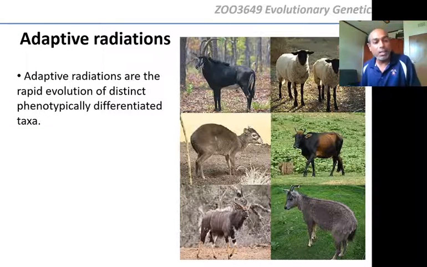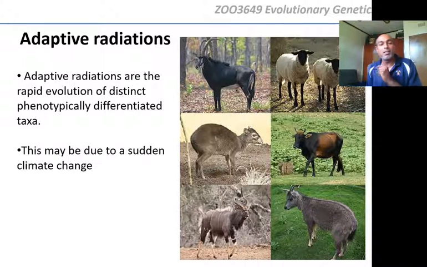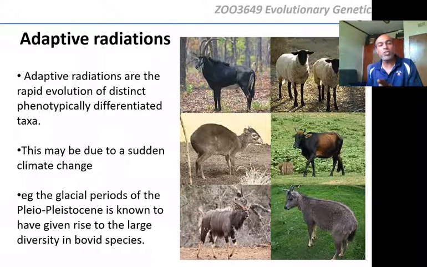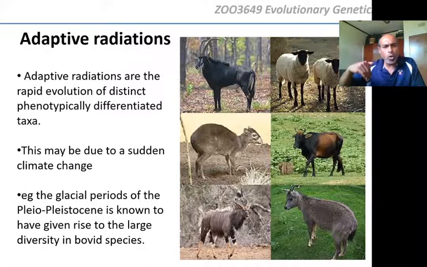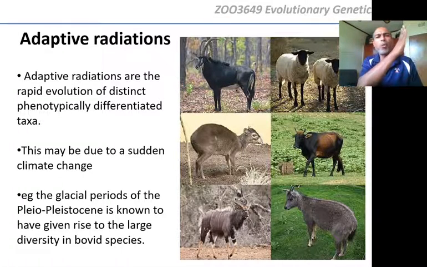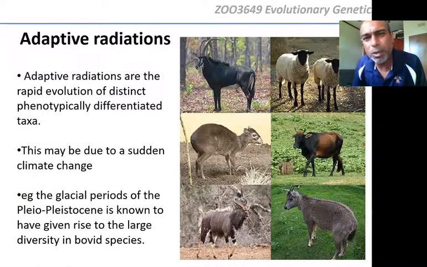Okay, so the adaptive radiation is a rapid evolution of many distinct species. Okay, and this might be due to sudden climate changes, like, for example, glacial periods of the Pleistocene. We know during the Pleistocene the climate changed. It became very cold during an ice age, and then it became very warm, and then it became very cold again and became very warm. Now, what happens during those periods when it becomes very cold?